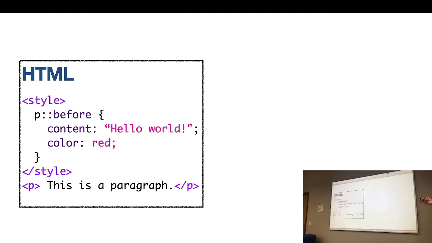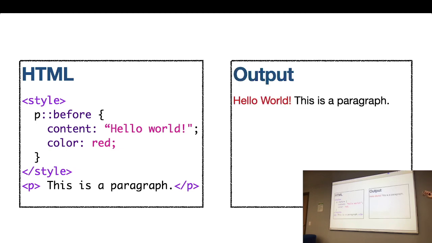And a browser that parses CSS, so no text only browsers, if it's conformant, will output something like this. Hello world, this is a paragraph where hello world is in red, right? You can probably quickly see why a screen reader should be able to read content like this, right? That could potentially be problematic if there's just a bunch of text that they cannot interact with, basically, right?